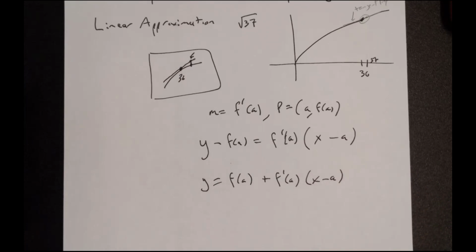I know the y value where I'm starting. Jalen, that's the 6 you gave me, right? I can figure out the slope, and then 37 minus 36 goes right in here. So I just need to know what the slope is at that point, and I can use the straight line approximation.